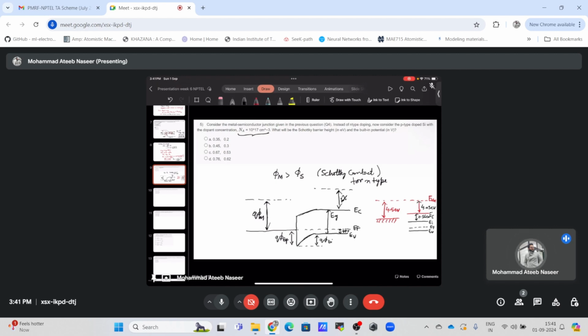What would happen in this case is that there will be the movement of electrons from the metal to the semiconductor. If this is the metal side and this is the semiconductor side, what we have been able to infer is that there will be the transfer of carriers, the electrons, from the metal side to the semiconductor side, and as a result we will be having the accumulation of electrons at the metal semiconductor interface.